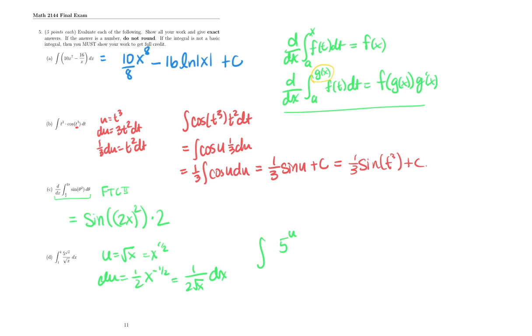Okay, so I can multiply this by 2, and I get 2 du is equal to 1 over root x dx. So then this is 5 to the u times 2 du. I can pull the 2 all the way out.